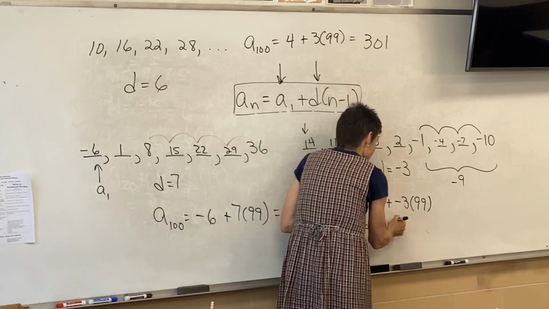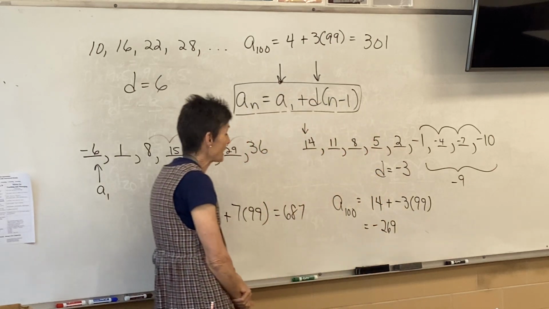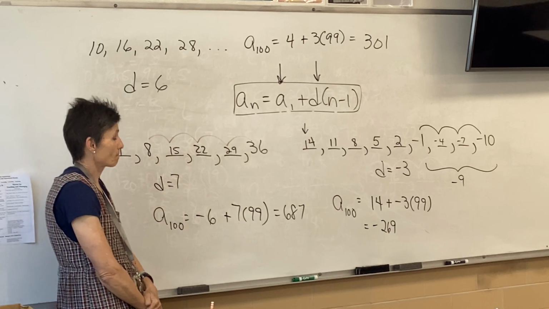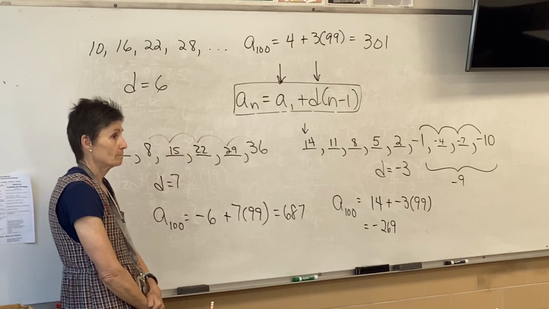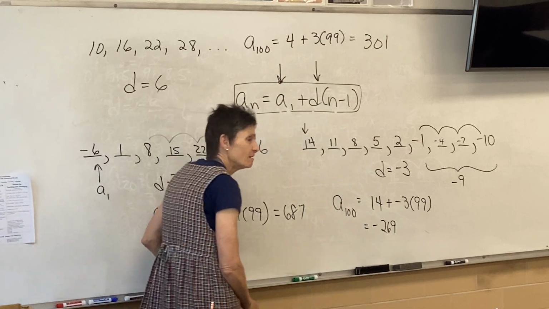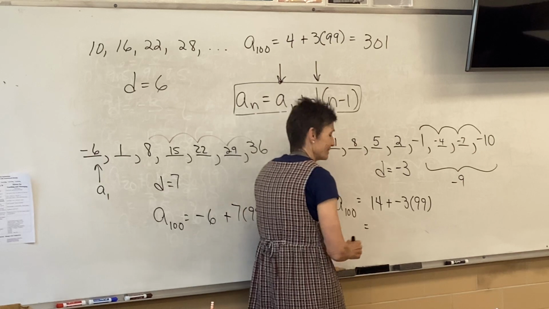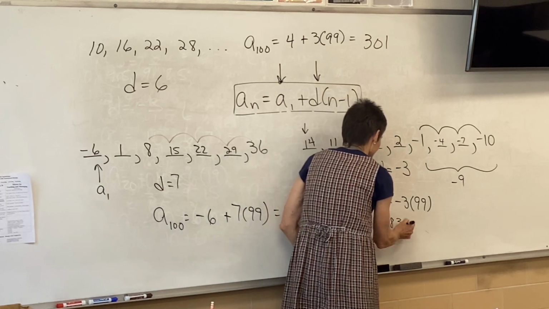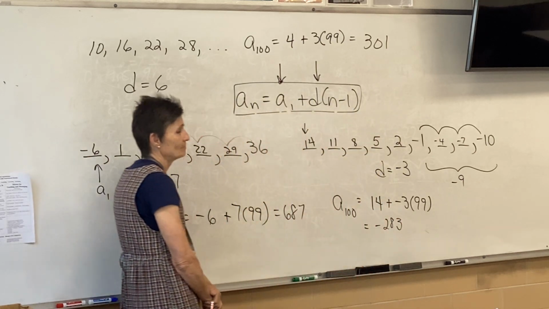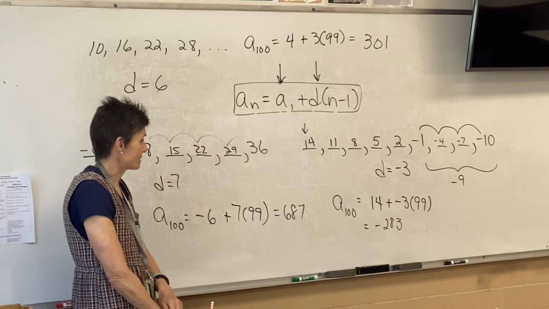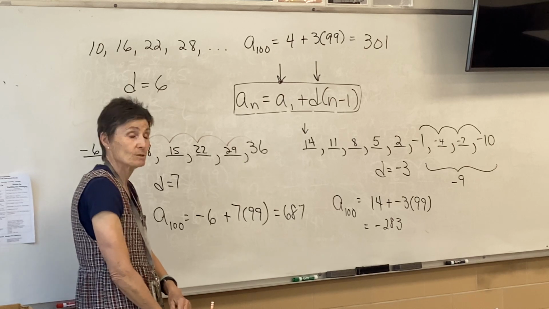We're typing it in our calculator, guys. It's easy. But I got negative 283. Oh wait, so did I. Oh, I added 14 twice. Negative 283. Okay, all we're doing is typing it in, right?